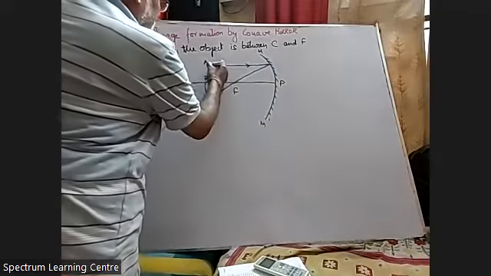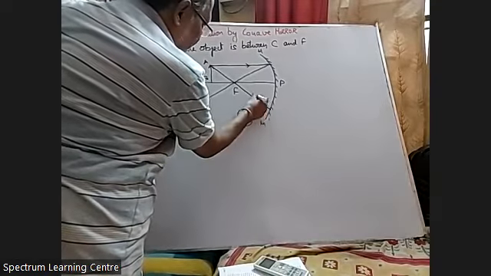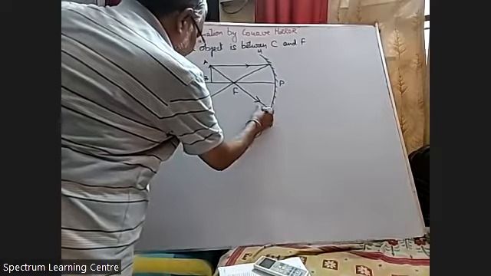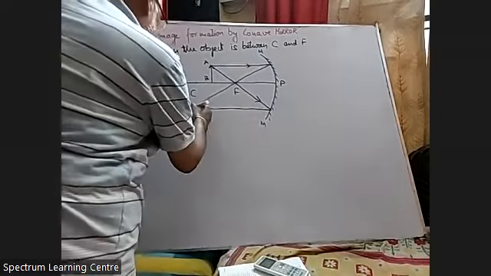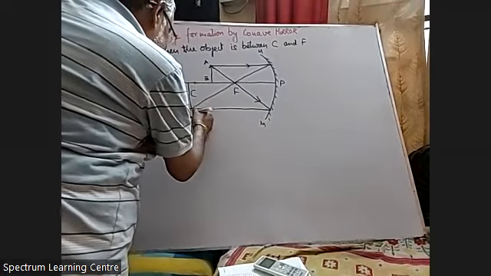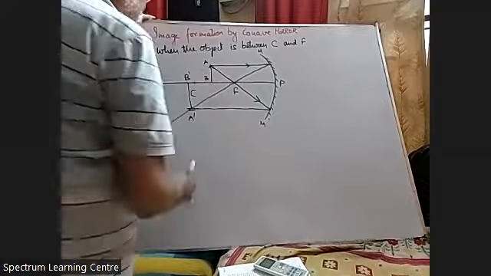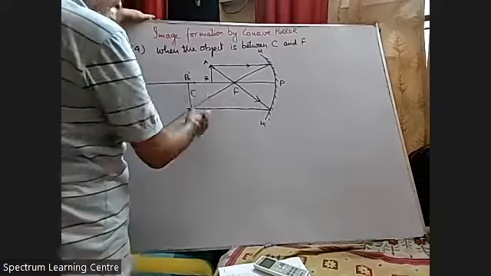Now I take another ray from focus, the incident ray. It will become parallel to the principal axis and the image will be formed beyond C, A dash, B dash. Now can you see? The image is also enlarged.